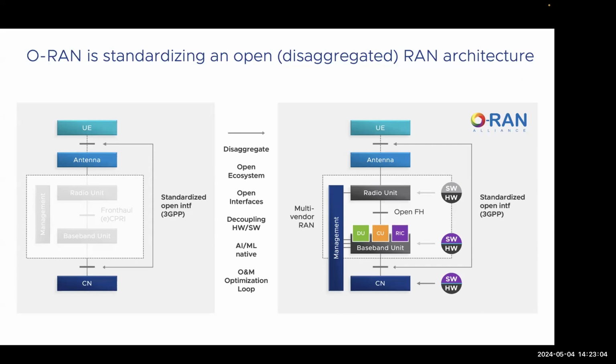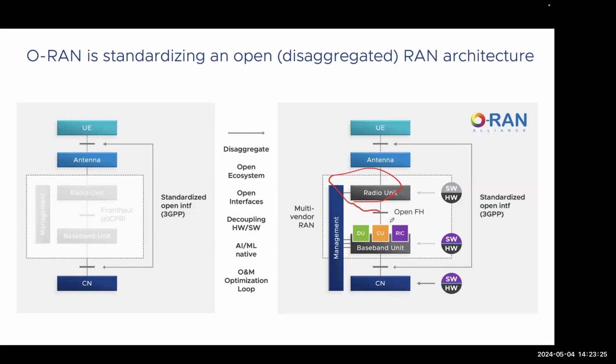The connection between the baseband unit and the radio unit will be open. So if I bring my pen, this is the second point here. The radio unit was from the same vendor, with proprietary communication between the baseband unit and the radio unit.